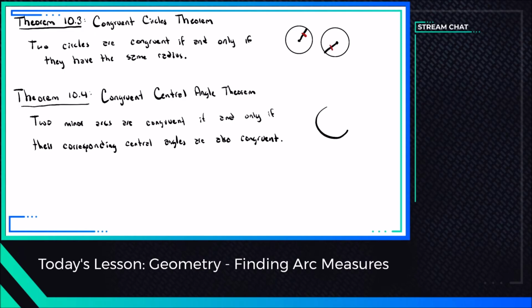And so if we draw a circle here and we take two diameters and intersect them, like so, then you know that vertical angles here are going to be congruent. So we know that this side and that side are congruent to one another, so this arc must be congruent to that arc.